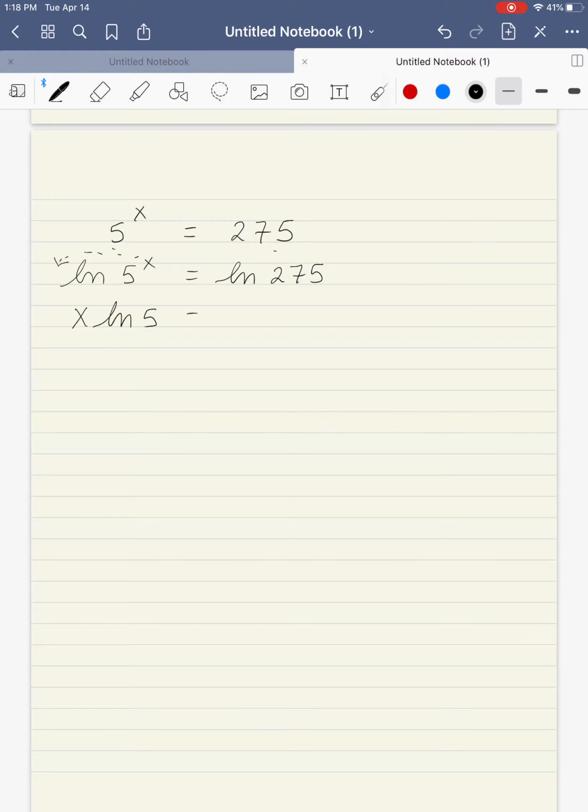Then that tells us that we can multiply our x out front. And this side stays the same. And then we can divide on both sides by the natural logarithm of 5. And then we can plug that into our calculators and watch out for those parentheses.